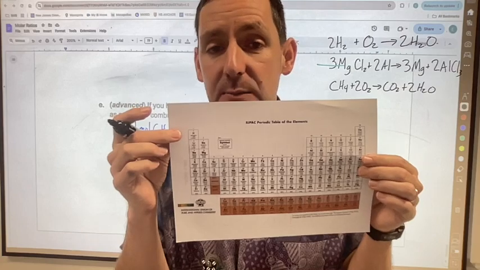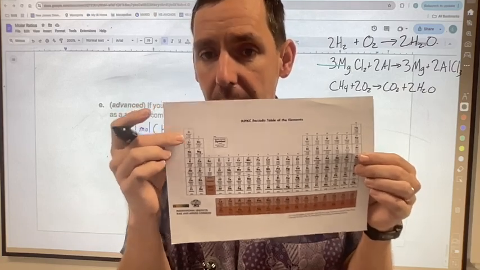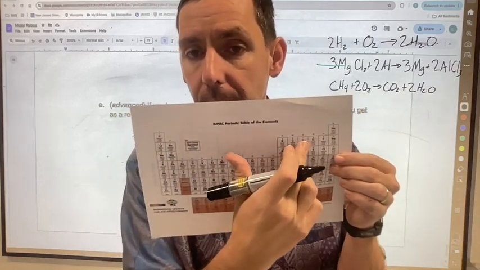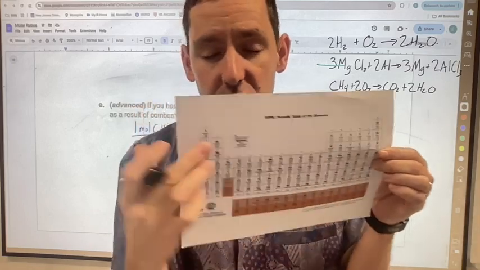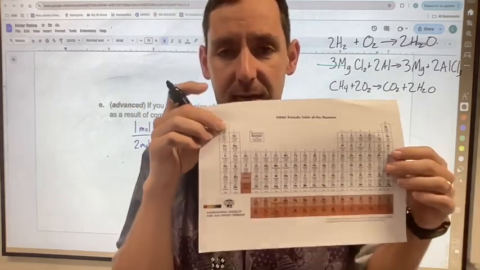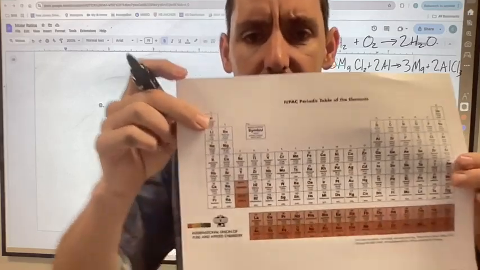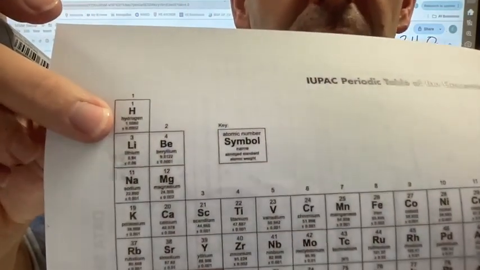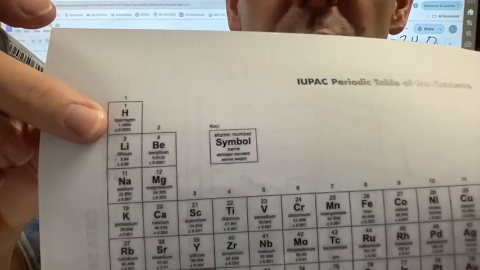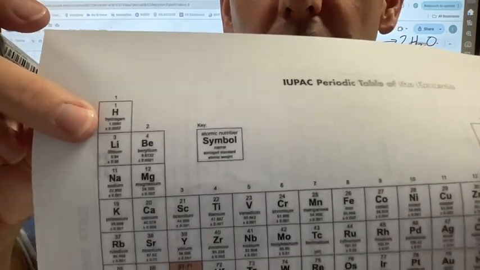So water is made up of 2 hydrogens and 1 oxygen right there. So I'm going to look at hydrogen and I see the small number right down there. Let me see if I can show you there. You see that? The small number, the 1.0080, that is the grams per mole of hydrogen.